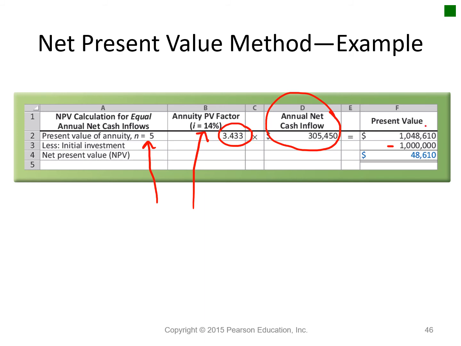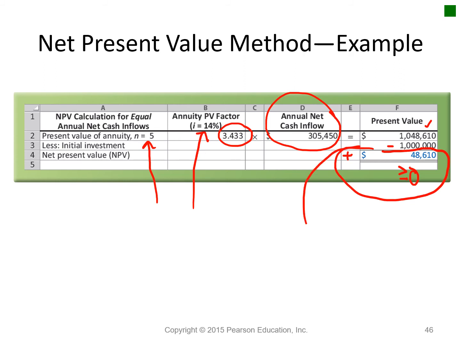So in this case you get 1,048,610. What you do is subtract out the initial investment. In this case, notice it is a positive number, greater than or equal to 0, so this might be an acceptable project because you have at least a positive NPV.